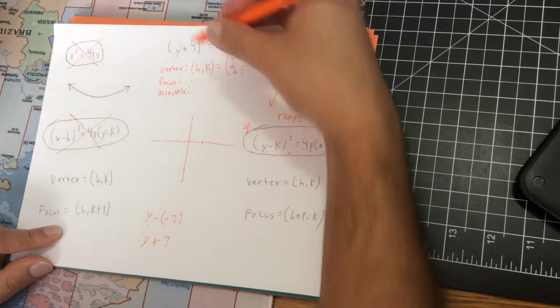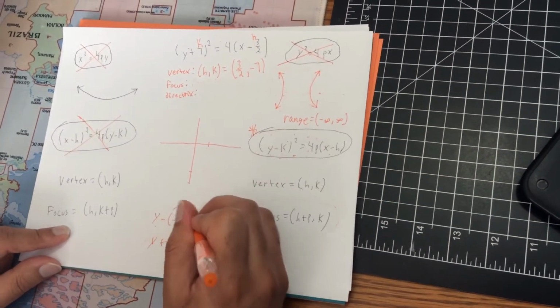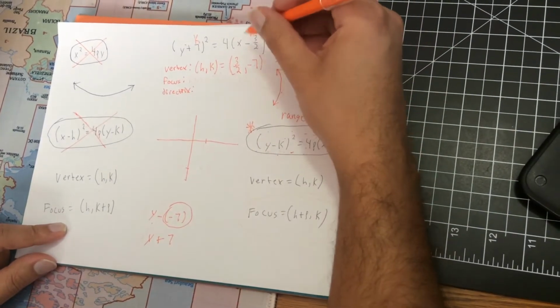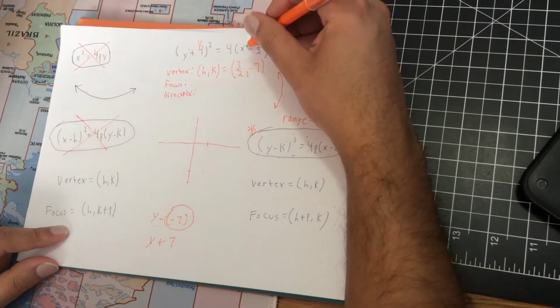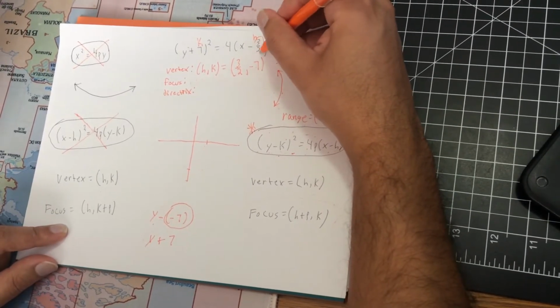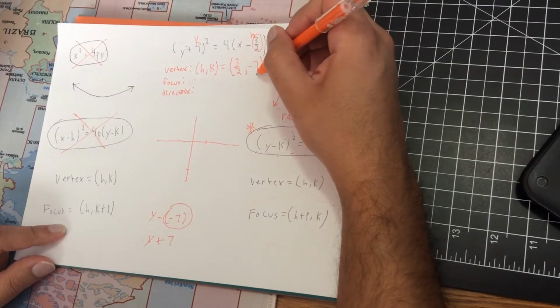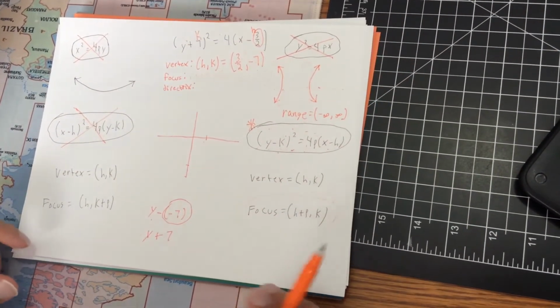So now we turn out to have y plus 7, but originally it had to be -7. And for x minus h, we have x minus our original h. That's why h is positive, and for this one, our k happens to be negative.